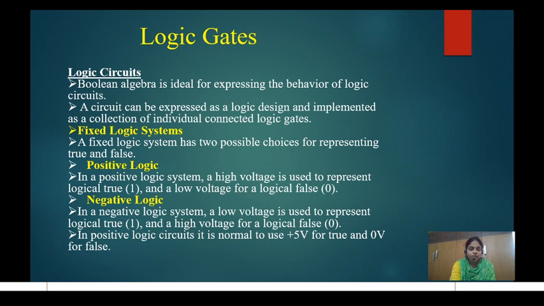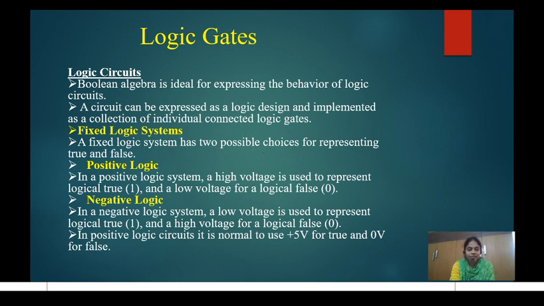To implement the logic gates, we have to know about the logical systems. As we have studied, logic gates can be implemented by using binary signals, that is 0 and 1, and those can be represented by either true or false, zeros and ones, or high or low. A fixed logic system has two possible choices.